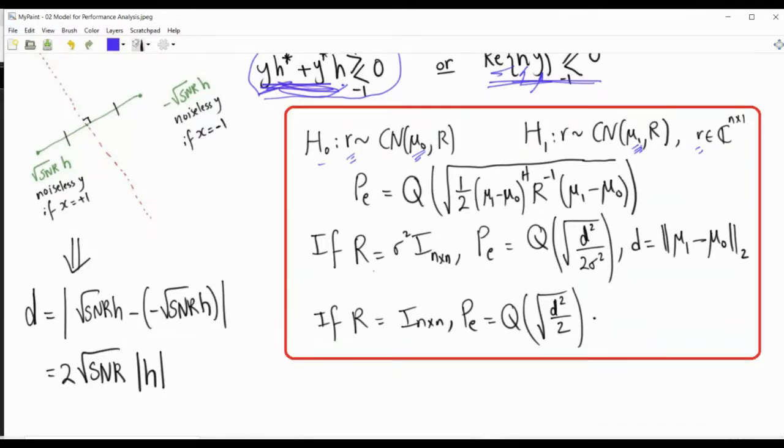Here, in many parts of the course, we will deal with a special case: when the correlation matrix of the noise is basically diagonal, multiplied by some positive parameter sigma squared. So if R is equal to sigma squared I n by n, then R inverse becomes 1 over sigma squared times the identity.